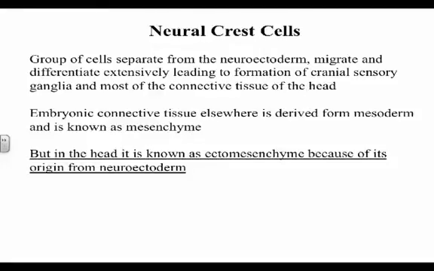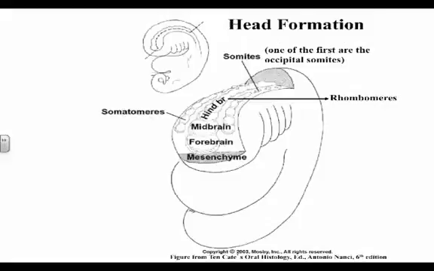The neural crest cells, all right, migrate to the cranial sensory ganglion and form connective tissue of the head. So here is the neural crest, and now here's what happens. We've now folded the head.